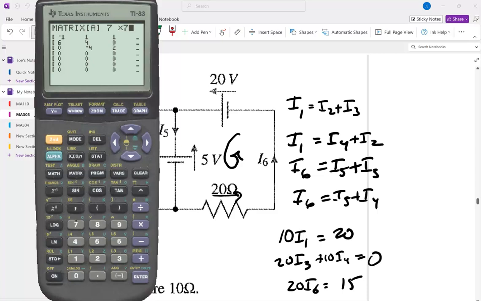If you have a problem where you've got more rows than columns, fill in the extra columns that you would need with zeros on your calculator and then just ignore them when you're done. Because remember, when you're doing your row operations, you're going top to bottom. It's not going to change anything. They're always going to be zeros. But to get the calculator to work right, you have to zero fill on the right. It's a quirk of the TIs. I don't know why it does it that way, but it does.